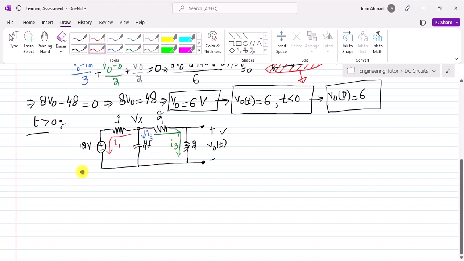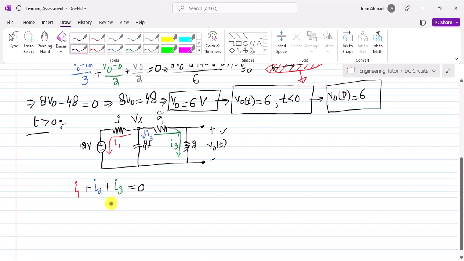So now according to the KCL, the summation of I1, I2 and I3, the summation of these three is equal to 0.